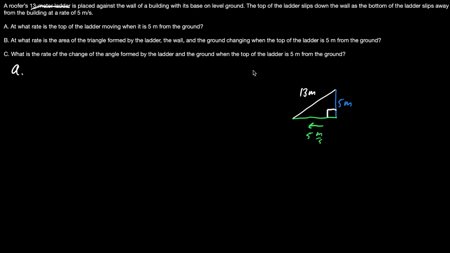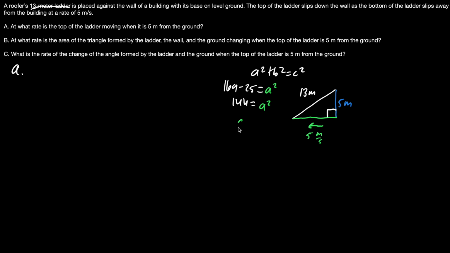So we can do a squared plus b squared is equal to c squared. C is the hypotenuse, so we have 169 minus 25 is equal to this green part, which we'll designate as A. We have 144 is equal to a squared.